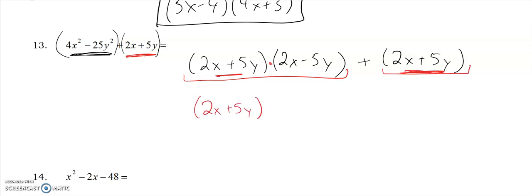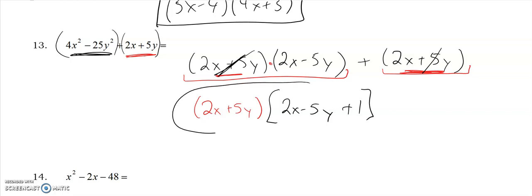So if I factor that out of this first term, that goes away, and I'm simply left with the 2x minus 5y. If I factor that out of here, again, that goes away. Well, it doesn't turn to 0. Anything divided by itself is going to be 1. And then that is your answer for number 13.